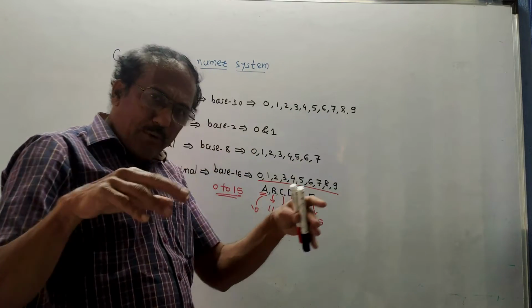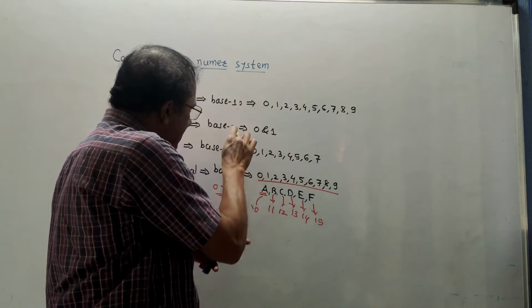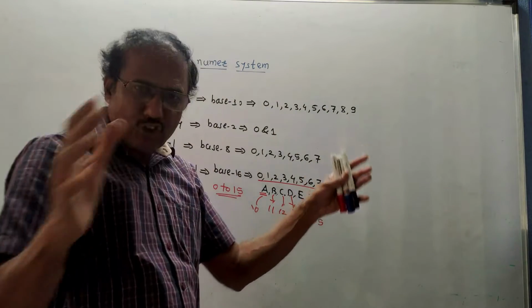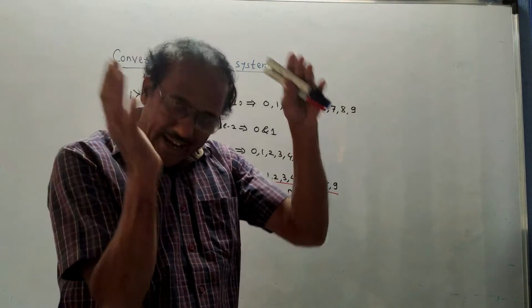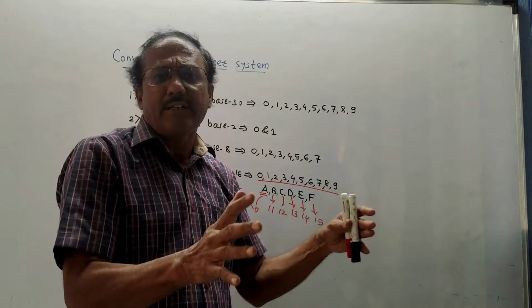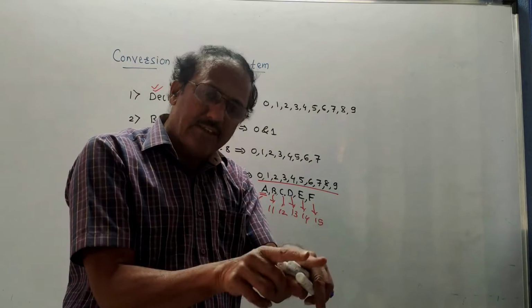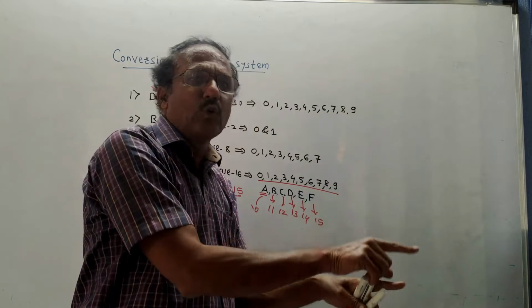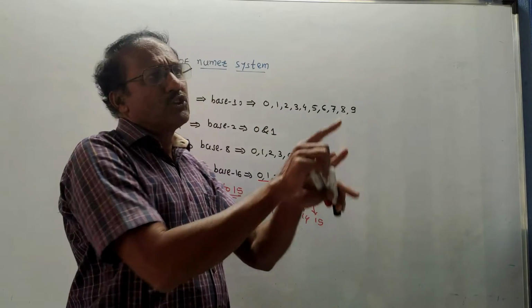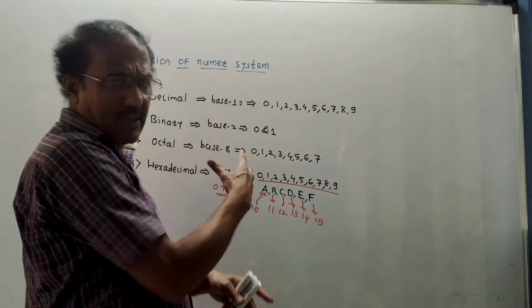So for performing any kind of application, we need to convert the decimal number system into binary. After completion of that application, the result must be displayed for the end user, but the end user can't understand the language of binary. So again, the things from binary should be converted into the decimal number system. So this is just one simple example where the conversion of number systems is used.